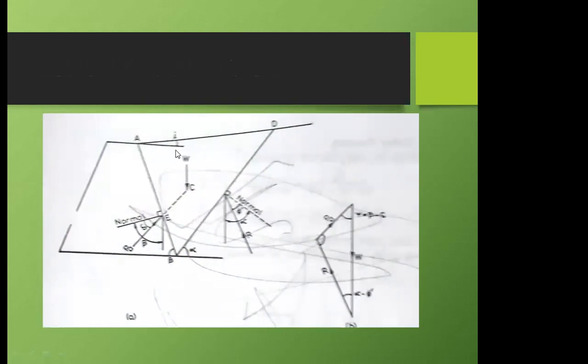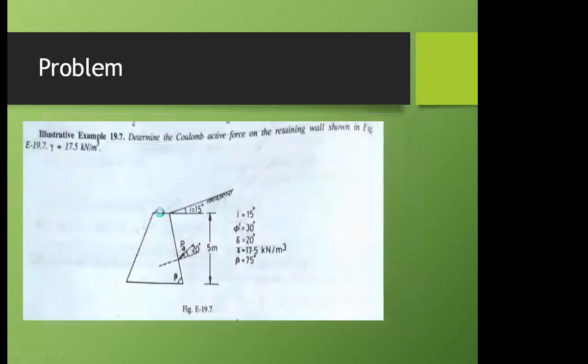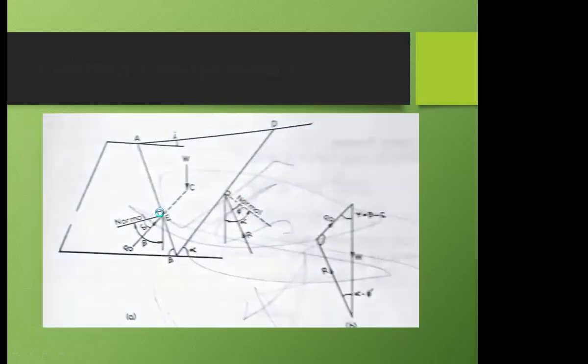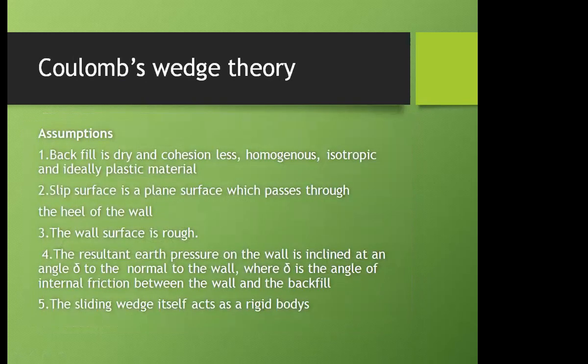If you see the figure of Coulomb's wedge theory, it is a wedge portion, and the resultant makes an angle of delta with the normal. This is what is mentioned in the assumptions.